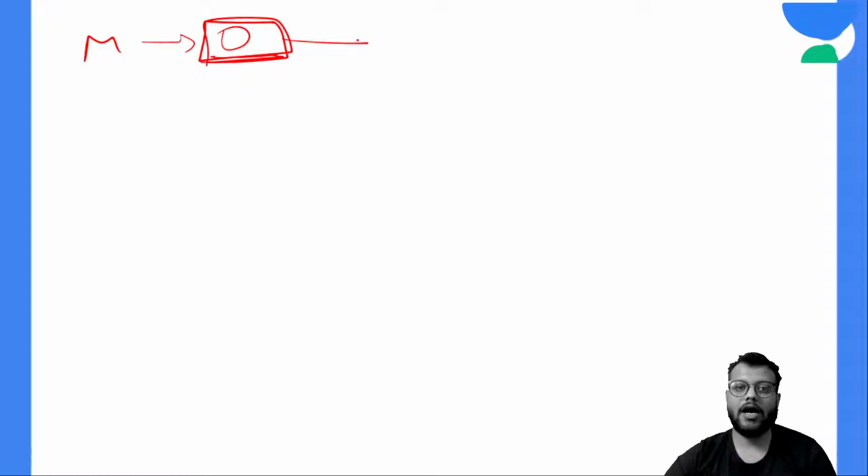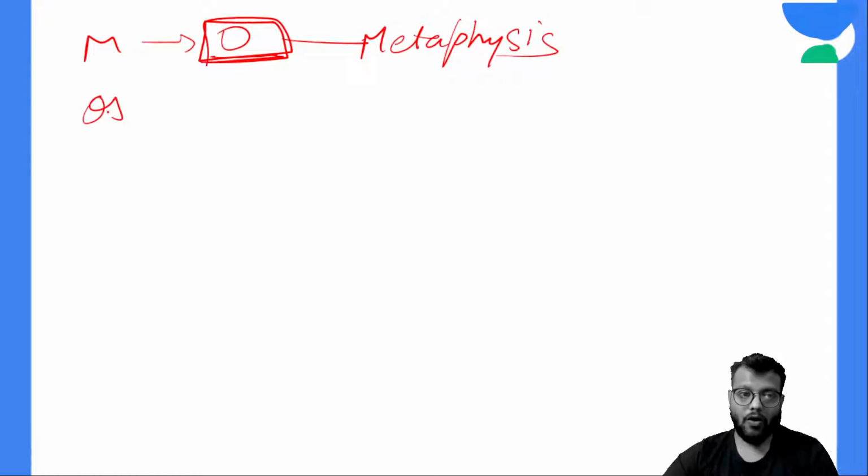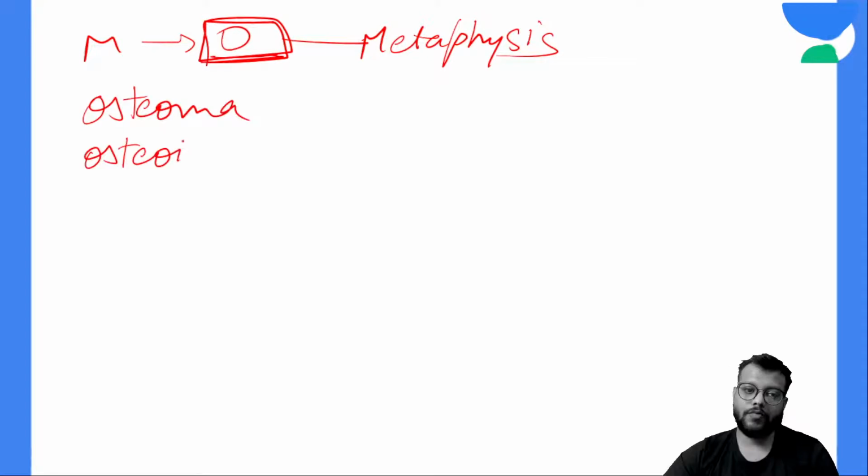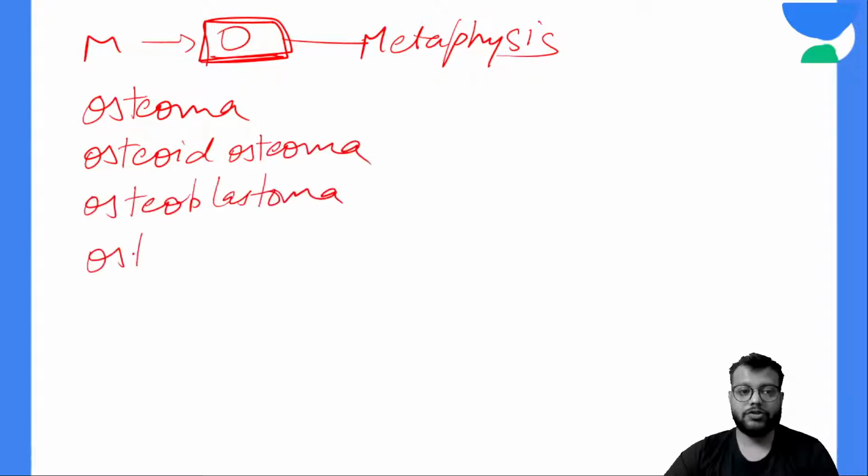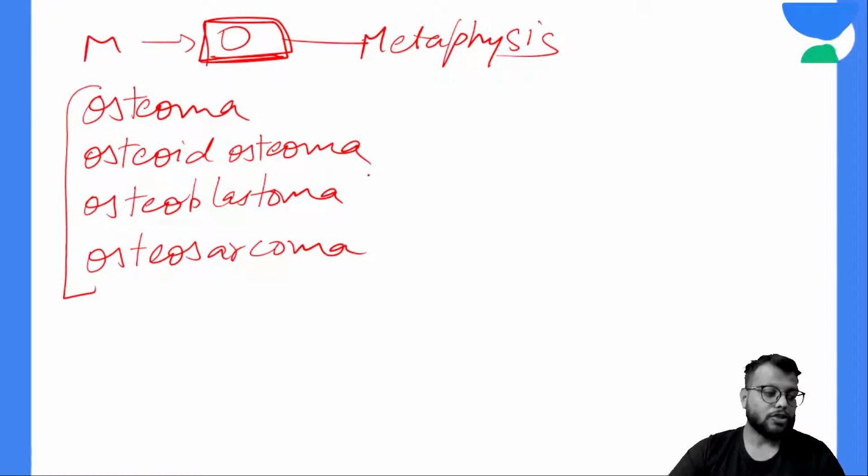Okay, like osteoma, osteoid osteoma, osteoblastoma, and osteosarcoma. After O, N has no region in the bone, but M you have metaphysis. So all lesions starting with O are your metaphyseal.